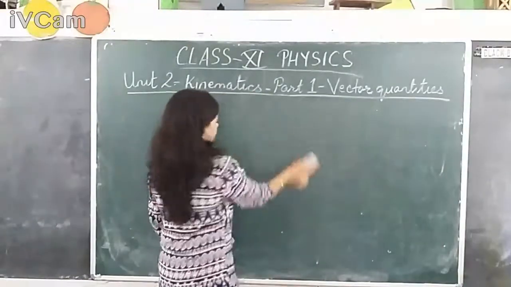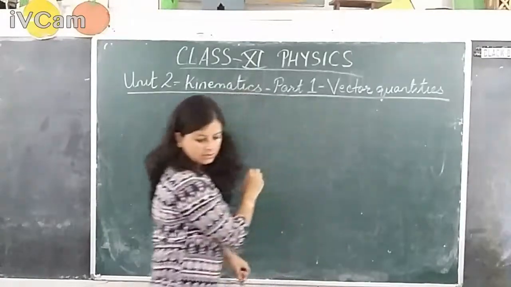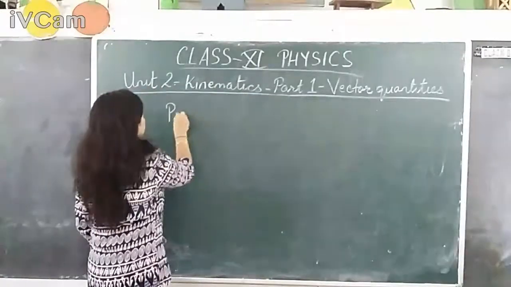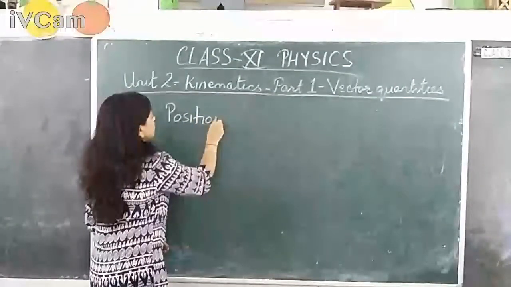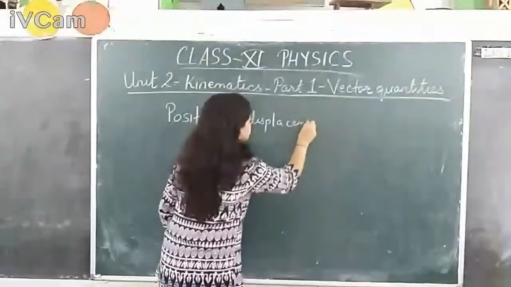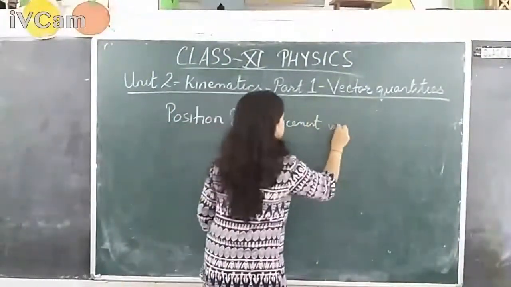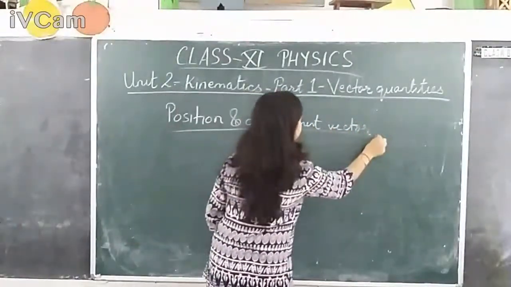Now coming to the next topic of discussion, you should know what the position vector and the displacement vector are. So we will now be learning about position and displacement vector.